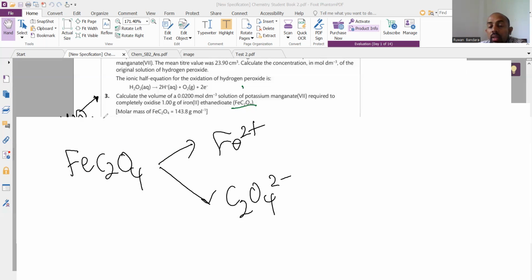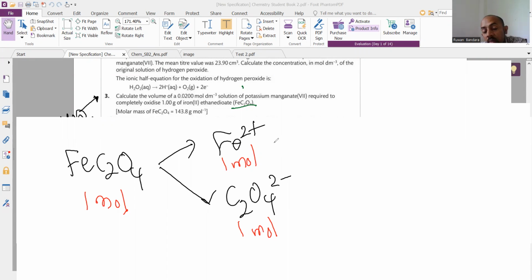To react with one mole of FeC2O4, in 1 mole of FeC2O4, you have 1 mole of Fe2 plus and 1 mole of C2O4 2 minus.